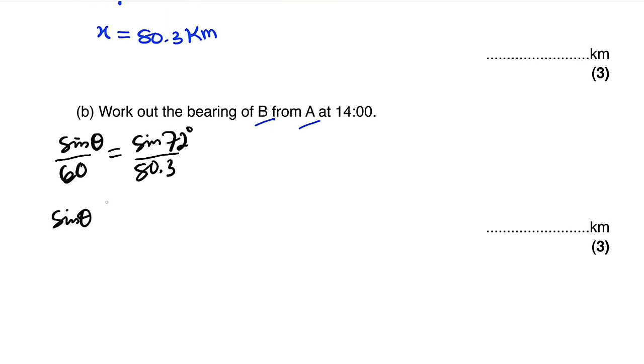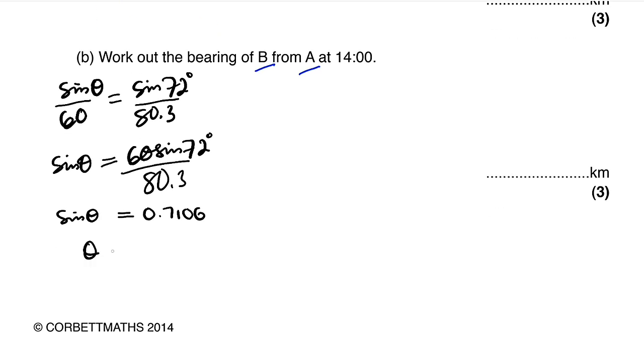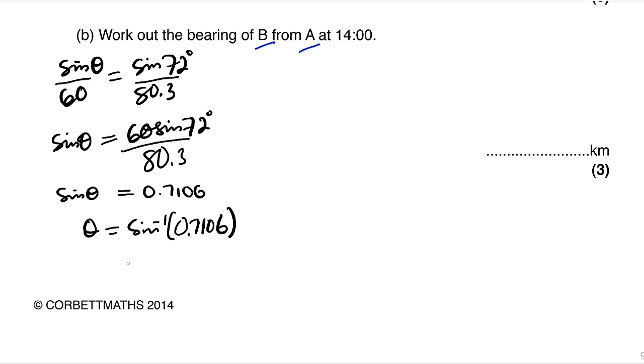Sine theta is equal to 60 multiplied by sine of 72 degrees divided by 80.3. Let me simplify this. This is equal to 0.7106, and theta will be equal to sine inverse of 0.7106.